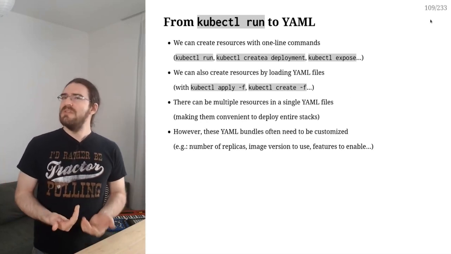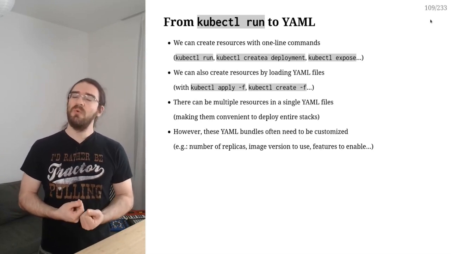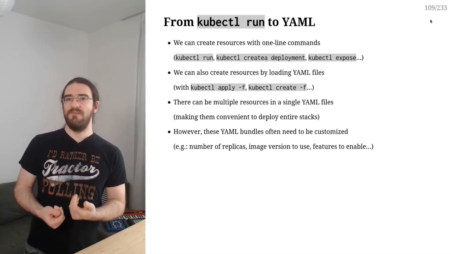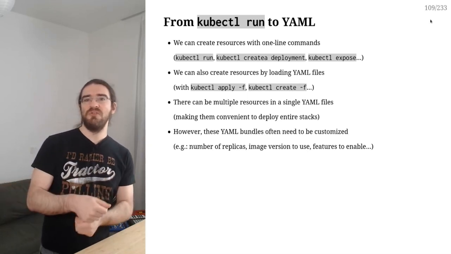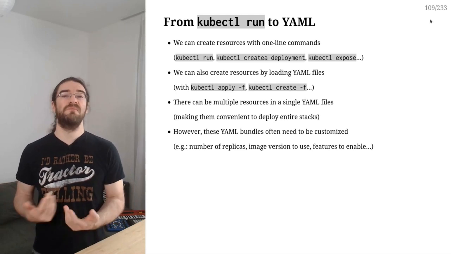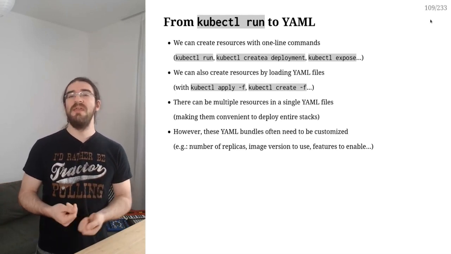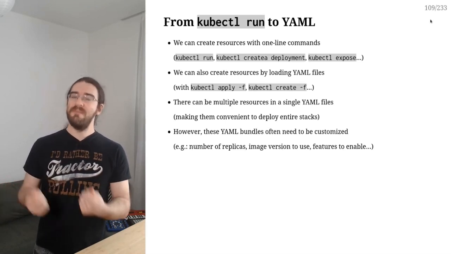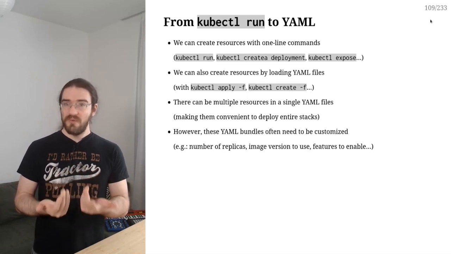So why do we need something like Helm in the first place? When we start working with Kubernetes, often the first few commands that we use are things like kubectl run, kubectl create deployment, kubectl expose. It's great to get started, but very quickly we turn that into YAML so that we can manage our applications in a declarative way.